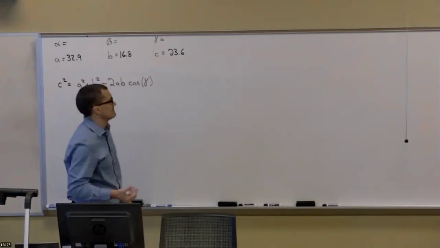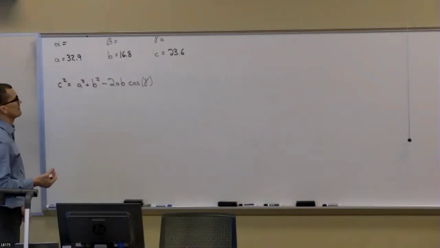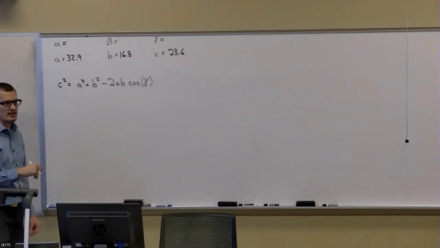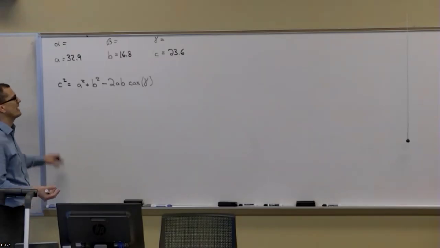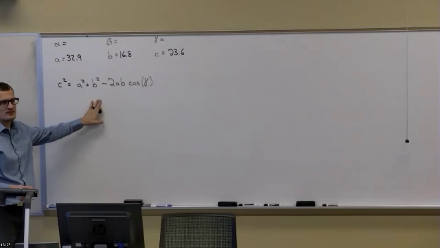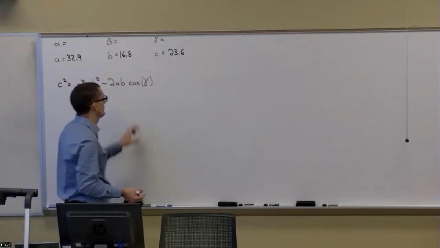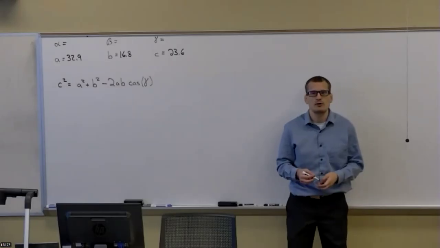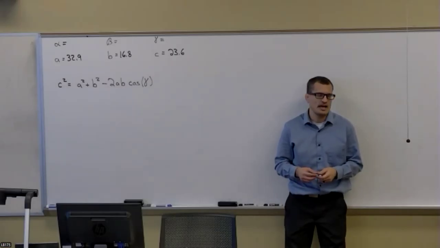So in a case like this, what we're going to do is we're going to find one angle first. It does not matter which angle you find. You can find the gamma, you can find the beta, or you can find the alpha. Doesn't matter. I'm going to find the gamma in this case, just because I already have this formula written down from the previous exam. If you wanted to use the formula with cosine of alpha, you could use that. If you wanted to use the formula with cosine of beta, you could use that.